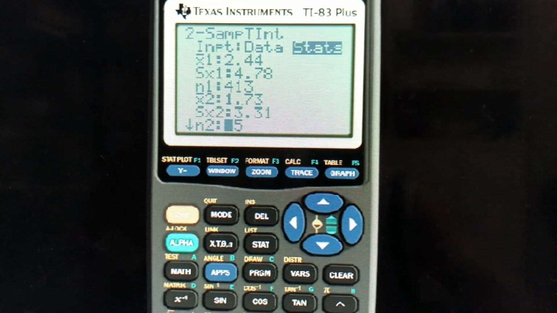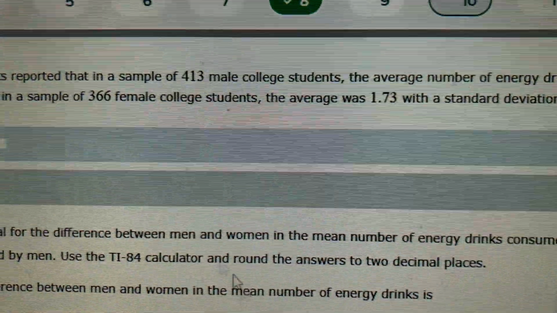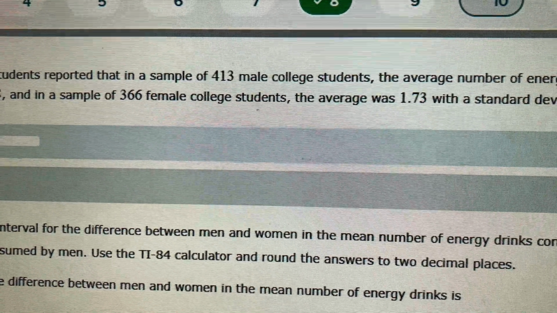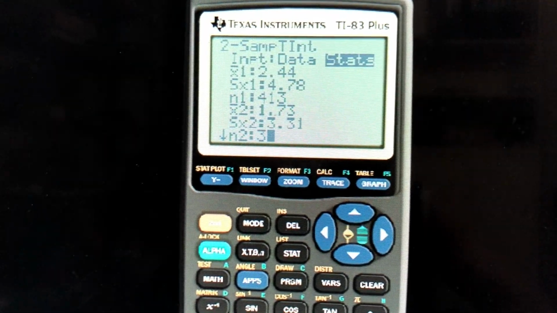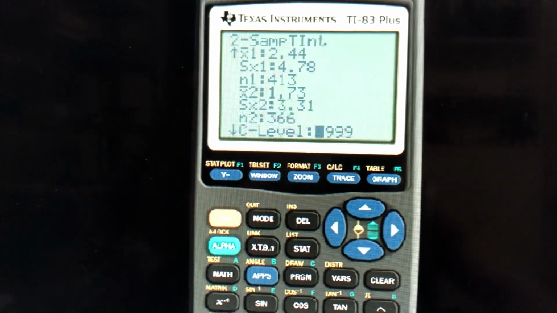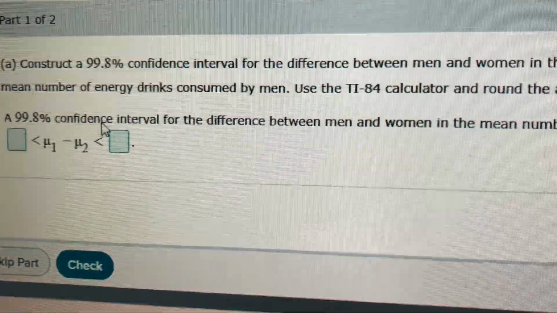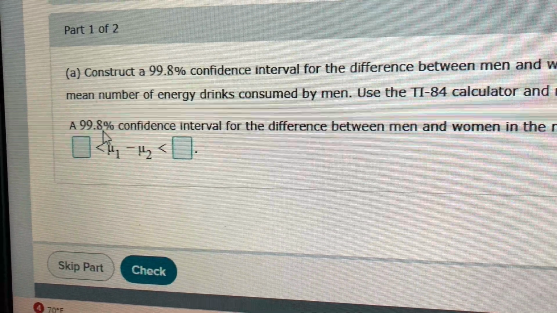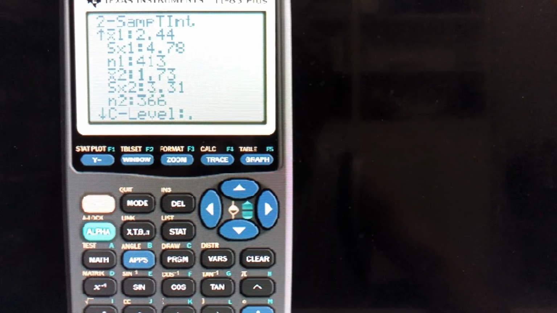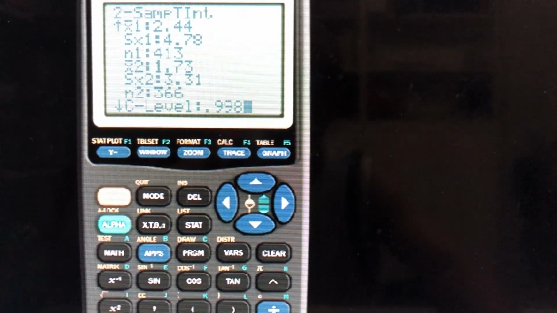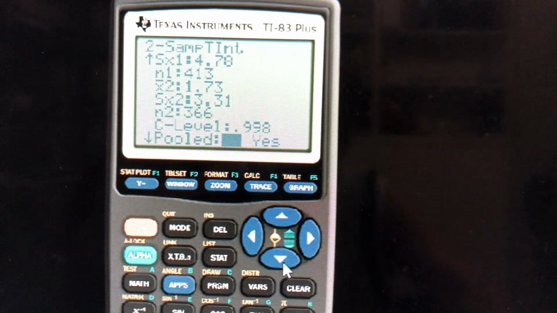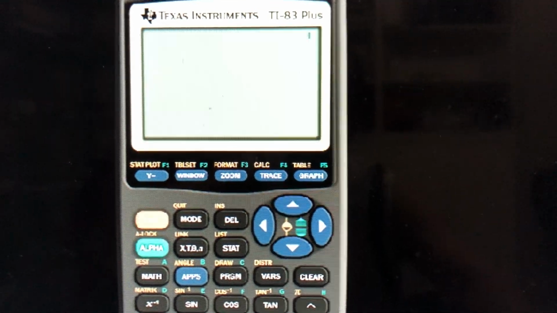And then they had 300 and something in their sample size, 366. And this time instead of a 99.9, it's 99.8. So in here, that's 0.998. And just hit no for pooled every time. Calculate.